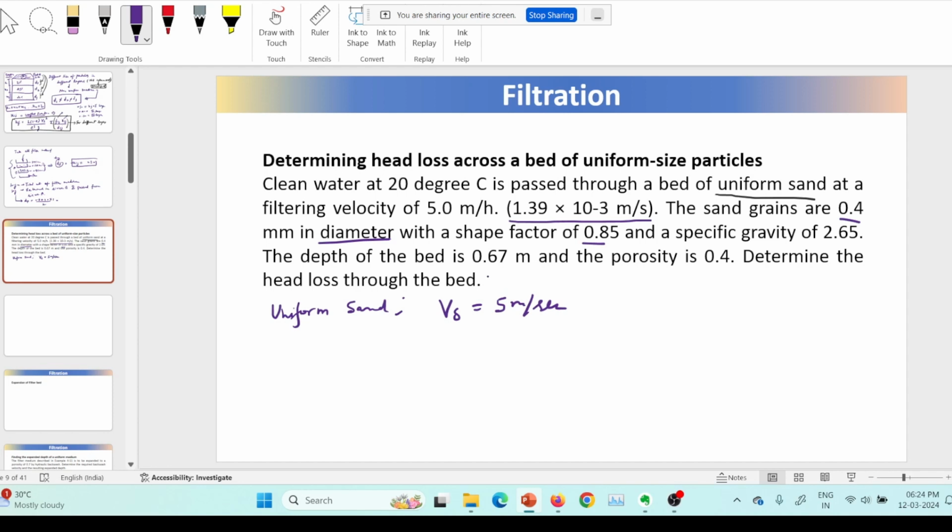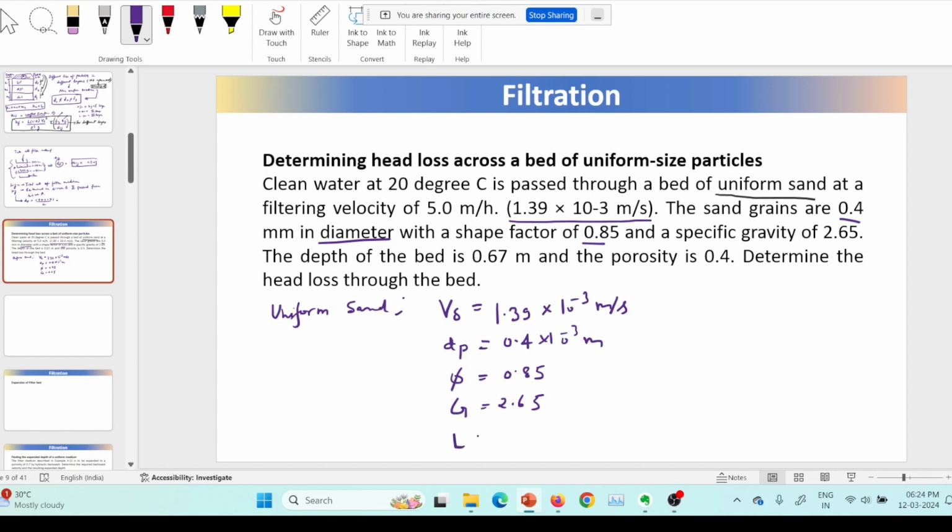We will not use this data. We will use 1.39 times 10 to the power minus 3 meter per second. The sand grains are 0.4 mm, so I will write it as 0.4 times 10 to the power minus 3 meter. The shape factor is 0.85. The specific gravity G is 2.65.